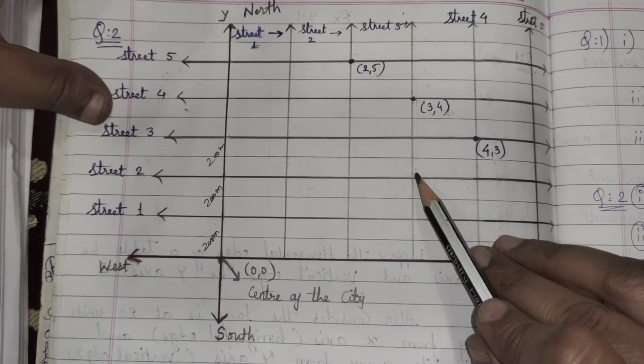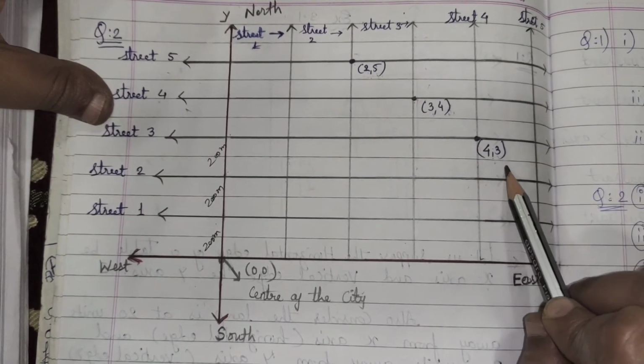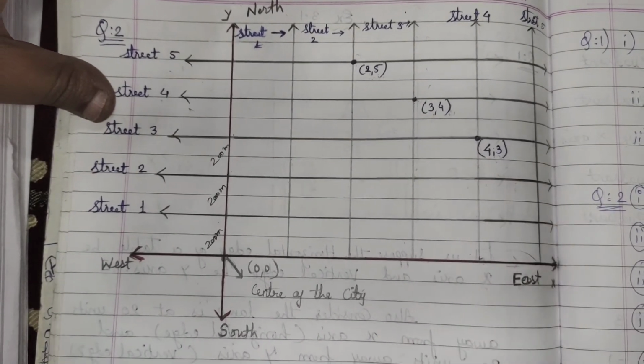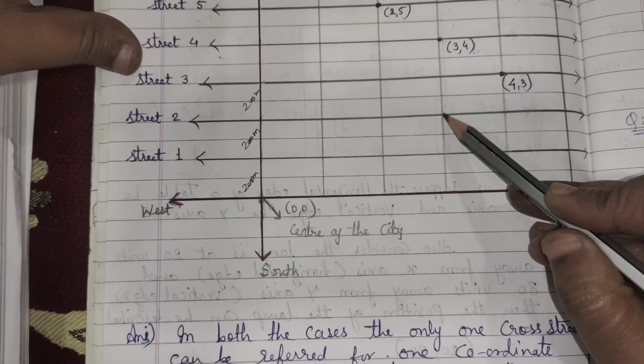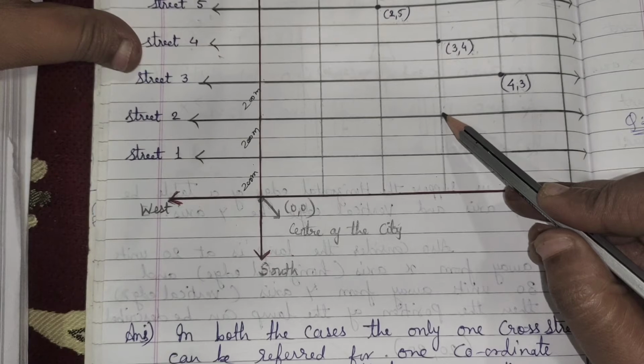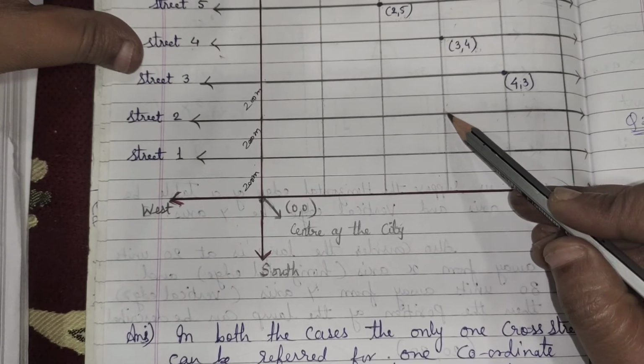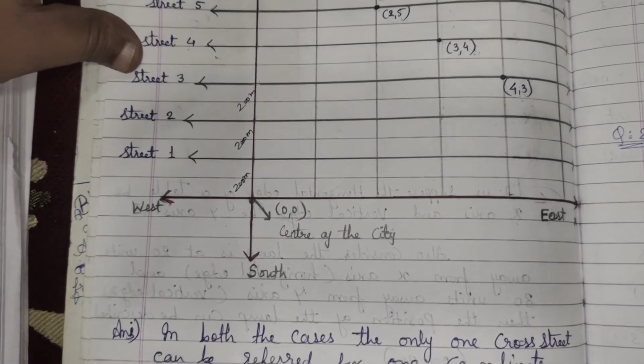So for each and every cross street, not only for 2, 5 or 3, 4 or 4, 3, this arrangement will be unique in this entire Cartesian system. So how will you answer it?